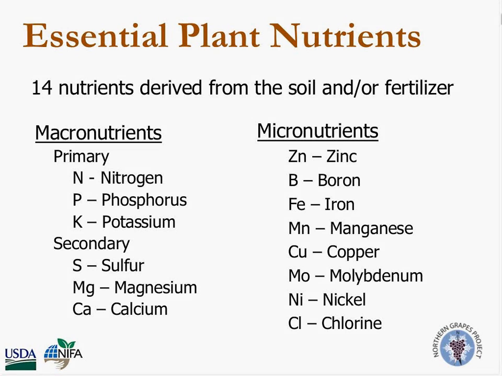And then you have about seven or so micronutrients that are needed in small quantities, very essential for the plants, but fortunately most of our soils have adequate amounts to supply. There are situations, however, where micronutrients are important, and we'll get into those in just a little bit.